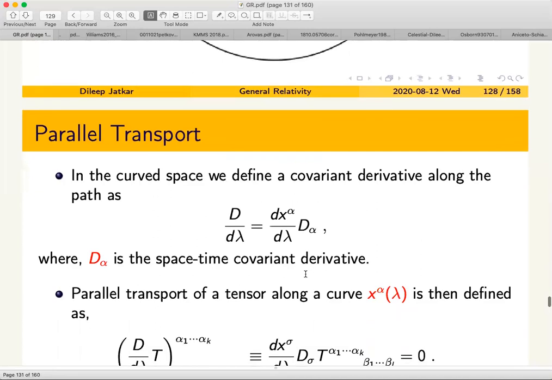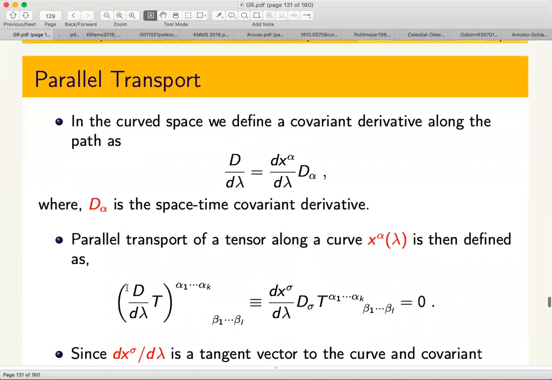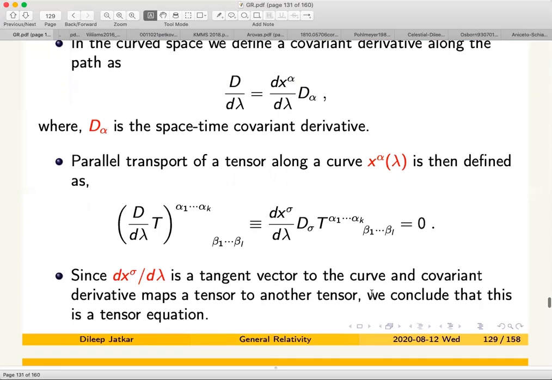And if you do that, then of course the covariant derivative of the tensor along the curve would give you the tangent vector to the curve times the covariant derivative of the tensor equal to 0. And this is of course a tensorial equation, and therefore would make sense in every coordinate system. So if you obtain a solution in one, you know that it is going to be true in all other coordinate systems. So that was the reason for introducing this quantity.